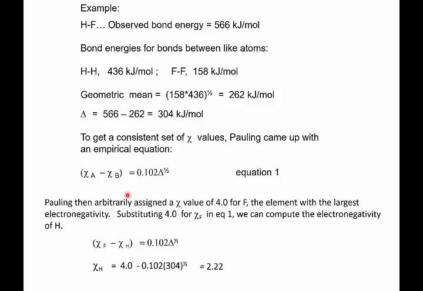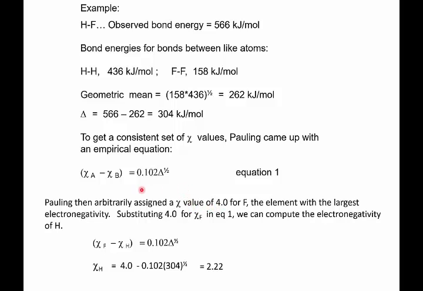Now what Pauling did is he developed a scale of electronegativity values. He arbitrarily assigned a numerical value to fluorine. Fluorine has the highest electronegativity, so he arbitrarily assigned a value of 4 for that.